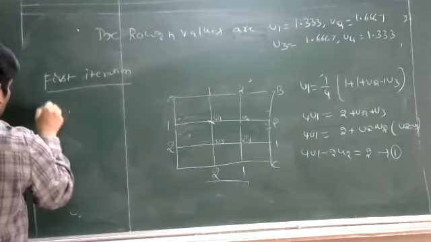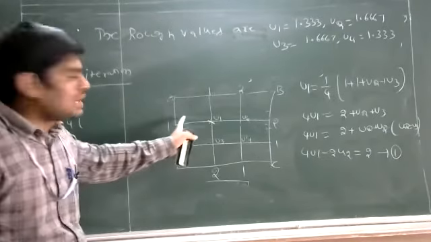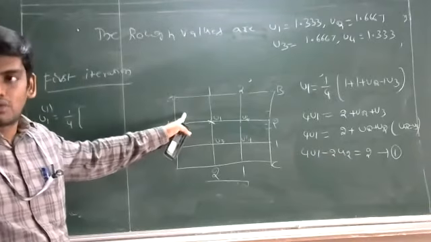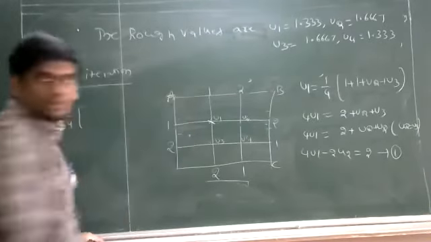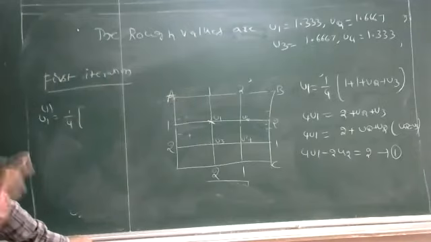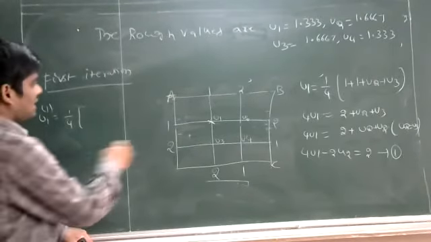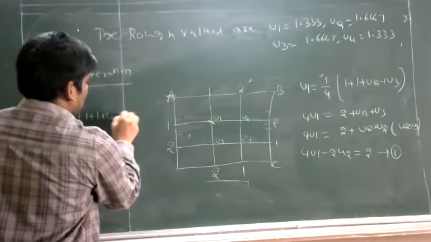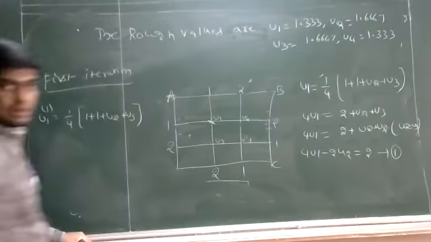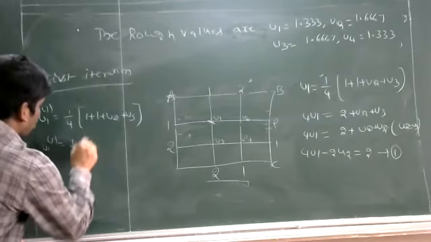u1 is equal to 1 by 4. Now what is the formula for u1? Here we are using only SFEF, because the diagonals are unknowns, so we cannot use the diagonal 5-point formula. The formula is u1 of 1 is equal to 1 by 4 times 2 plus u2 plus u3 plus 1.